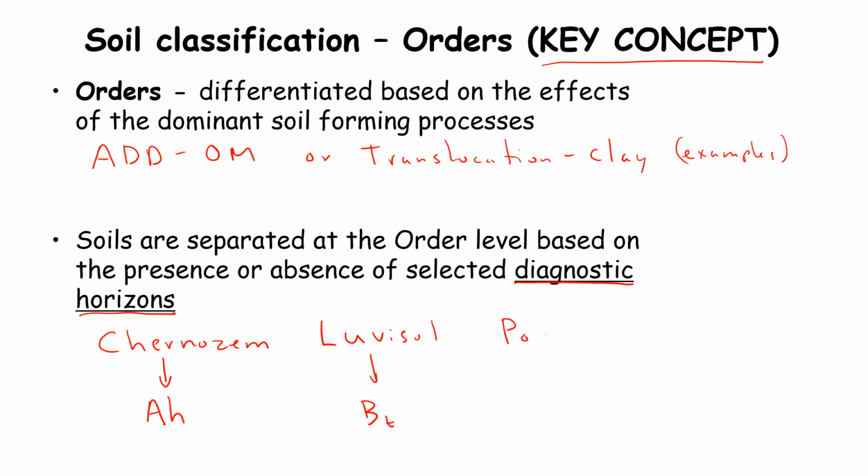For a Podzol, it's a BF horizon. And for a Gleysol, it's a BG horizon. So these are the diagnostic horizons for these different orders, and each one of these has specific characteristics, both in thickness and chemical composition of these materials. So we'll look at some of the specific details on the next page.